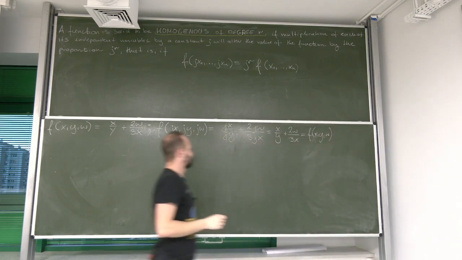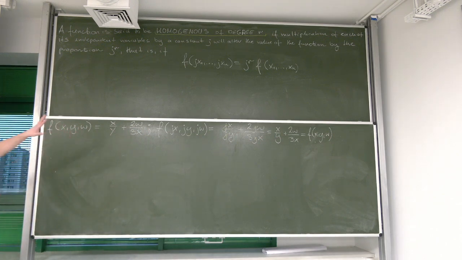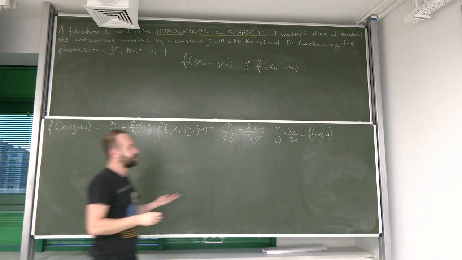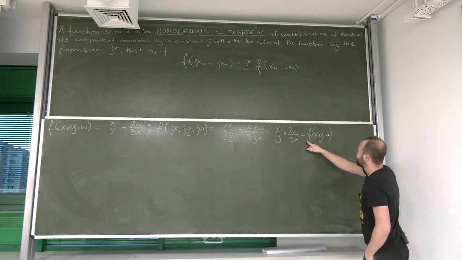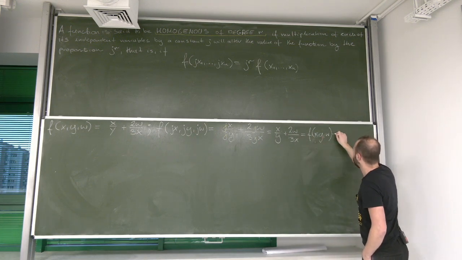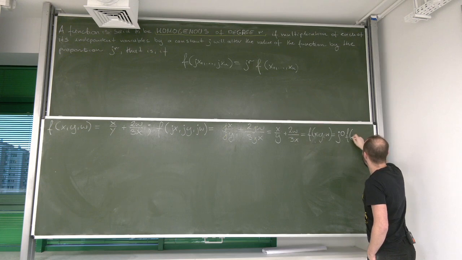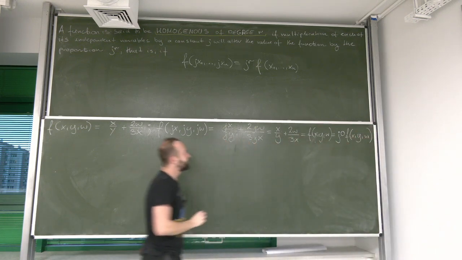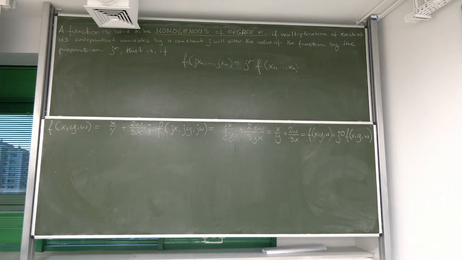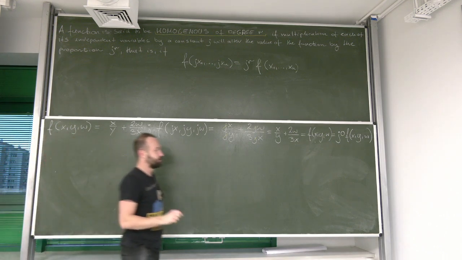However, look, even though we do not have any j up front, that doesn't mean that this function is not homogeneous. Actually, it is. I can always write f of x, y, w as j to the power of 0 times f of x, y, w. So this function is homogeneous, and it is a homogeneous function of degree 0.